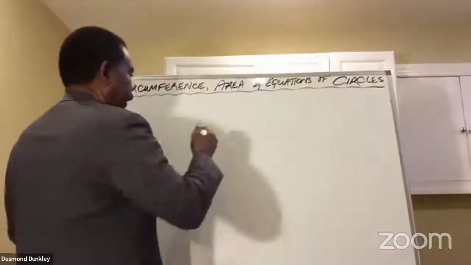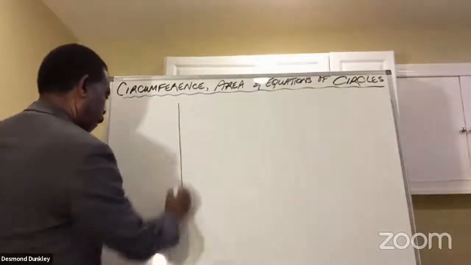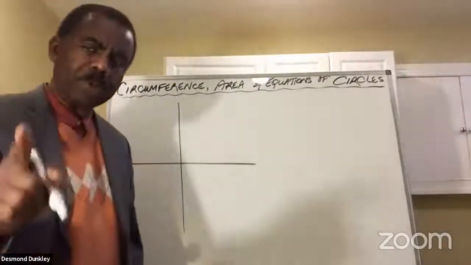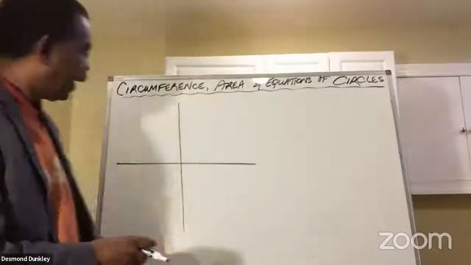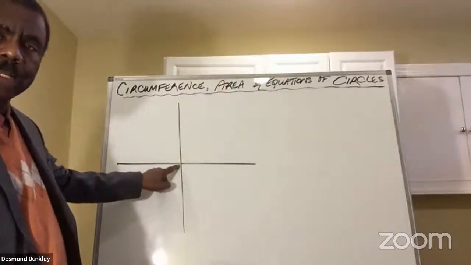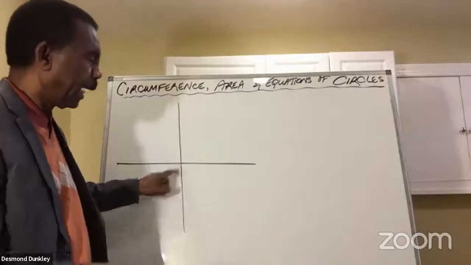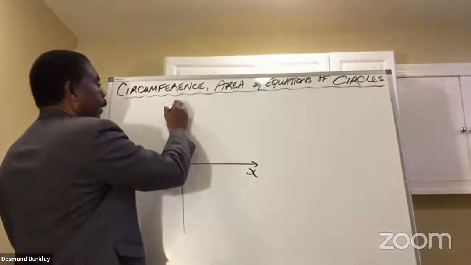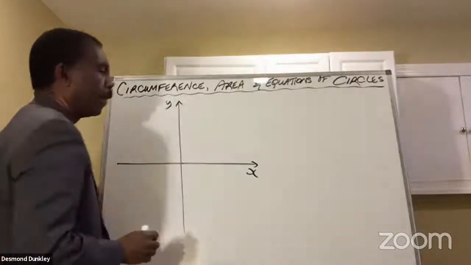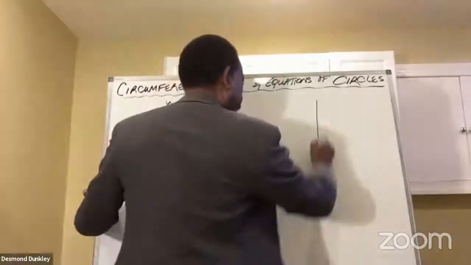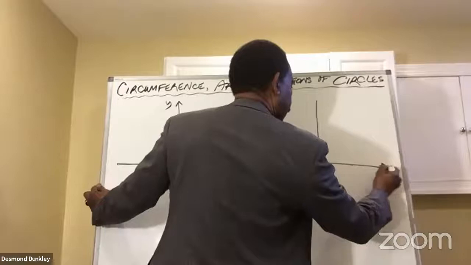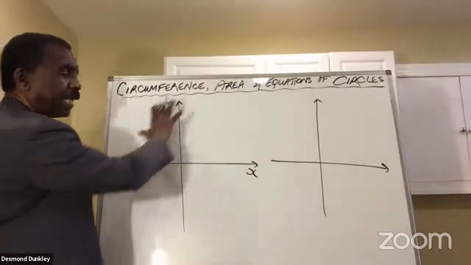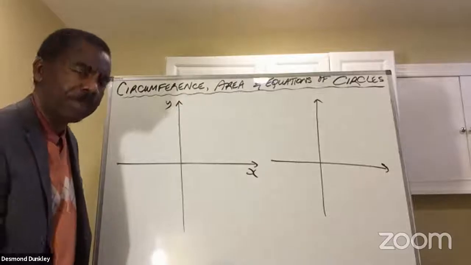When you draw the axes, you will have two types of circles. One in which the center of the circle is at the origin, that is where the X and the Y axes meet. This is X and this is Y. Or two is where the center is elsewhere in the coordinate plane.